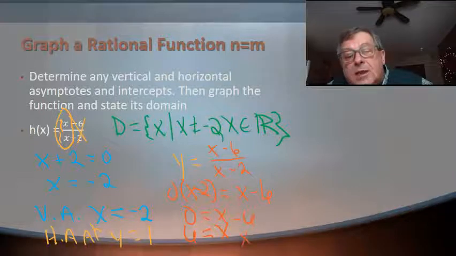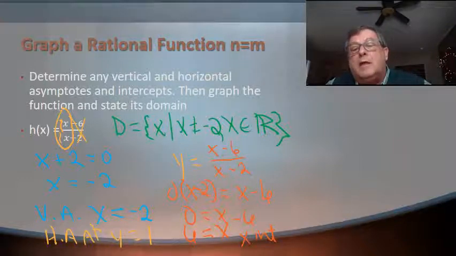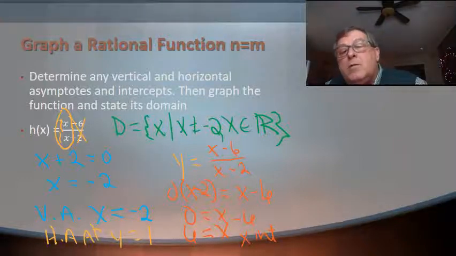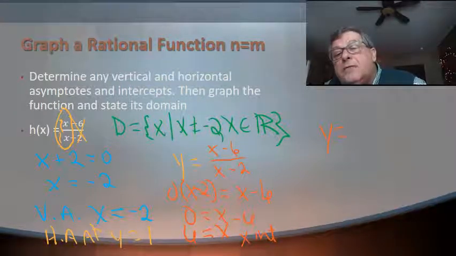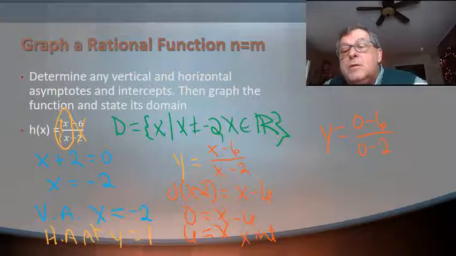That's my x-intercept. And what about my y-intercept? Well, for my y-intercept, I'm going to set all my x's to 0. So I've got y equals, and we'll substitute 0 in for x in the numerator, so 0 minus 6, and in my denominator, I'm going to have 0 plus 2. Excuse me, I was reading that wrong.